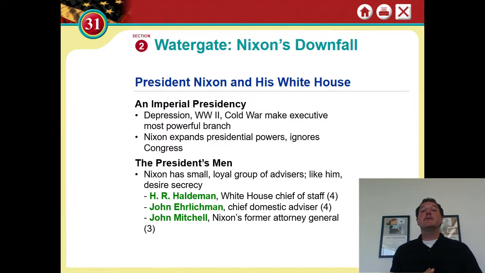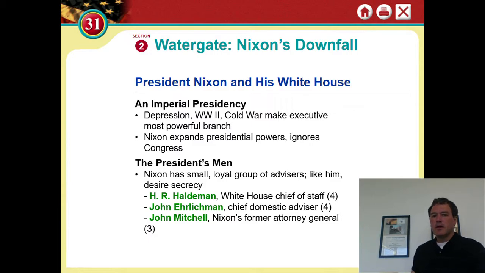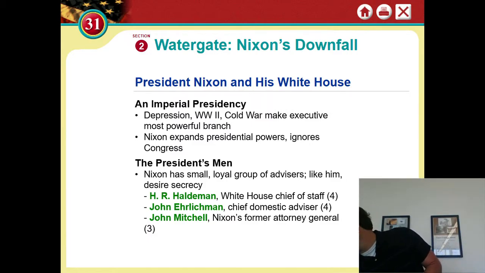Now, the reason I mention these men's names is because all 3 are going to be complicit in felony-level corruption and will spend significant time in prison as a result of their actions.